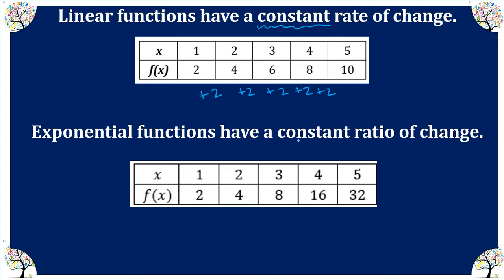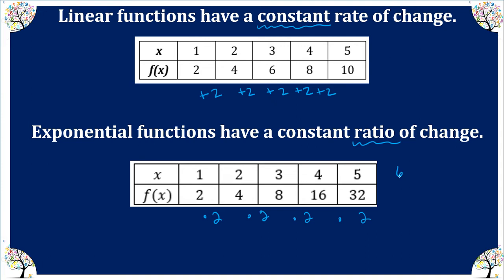However, on exponential functions, it's more of a constant ratio. So how am I getting from 2 to 4 and 4 to 8 and 8 to 16? Instead of adding or subtracting to get from output to output, we are multiplying. So 2 times 2 is 4, 4 times 2 is 8, 8 times 2 is 16, and 16 times 2 is 32.